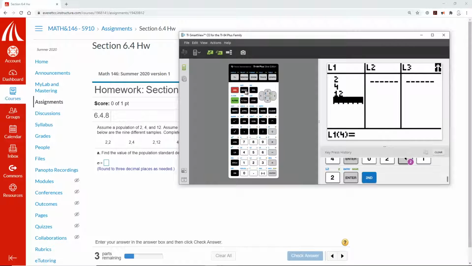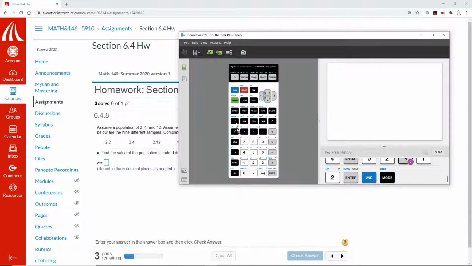Now, I do have to alert you on something. There are 2 different types of deviation: there's the sample deviation, and then there's the population deviation.